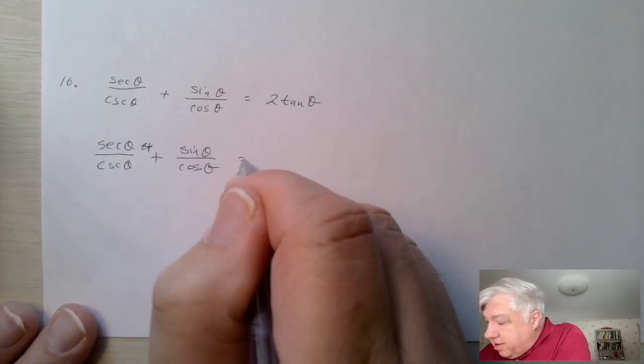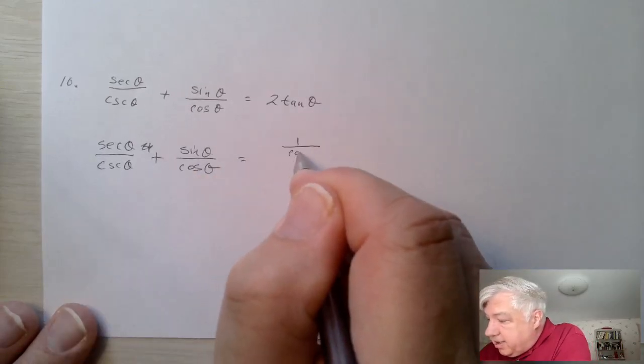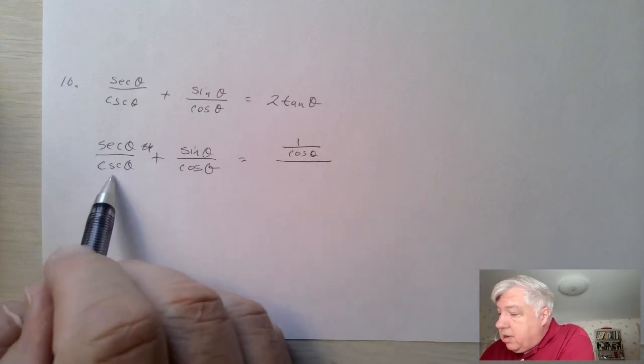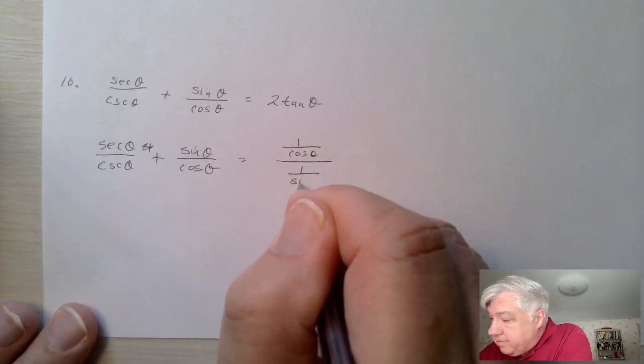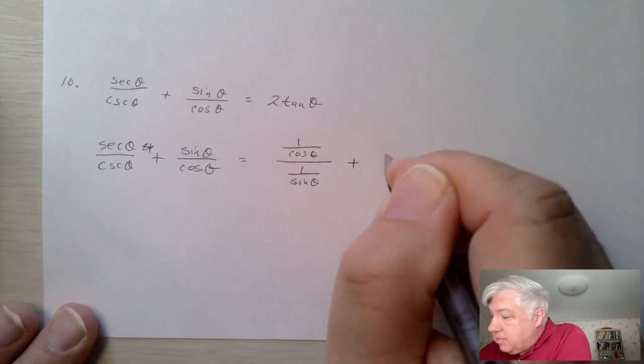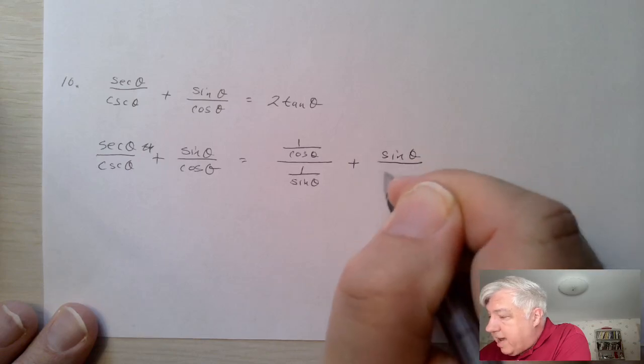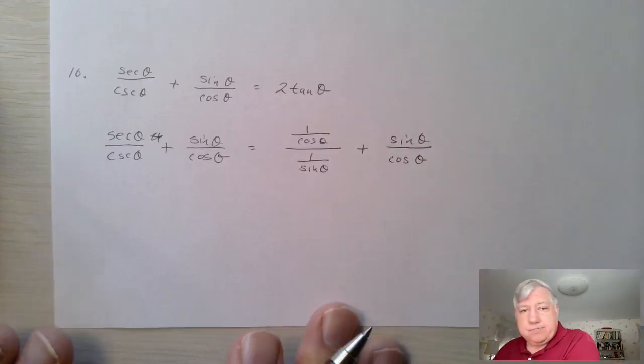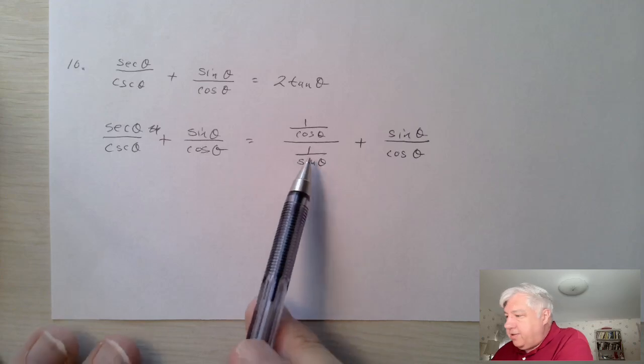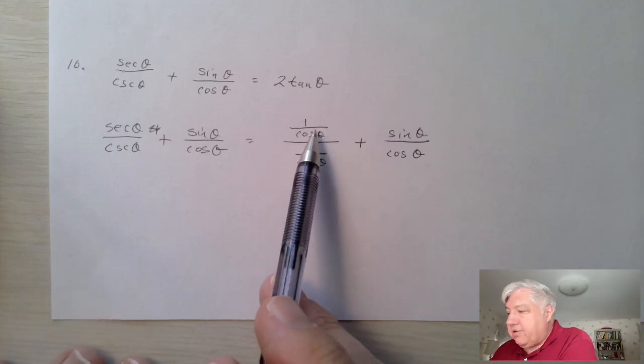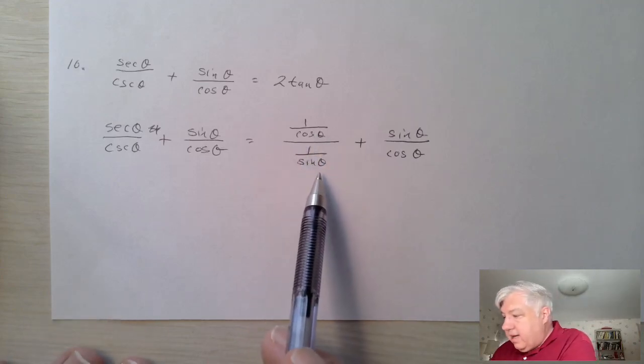Secant is 1 over cosine. Cosecant is 1 over sine. And then we'll keep the second term as is. And for this term, this is actually 1 over cosine times sine theta.